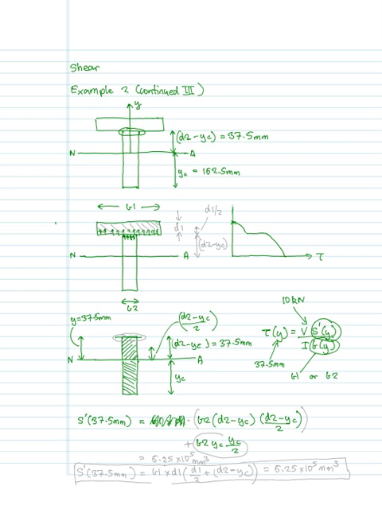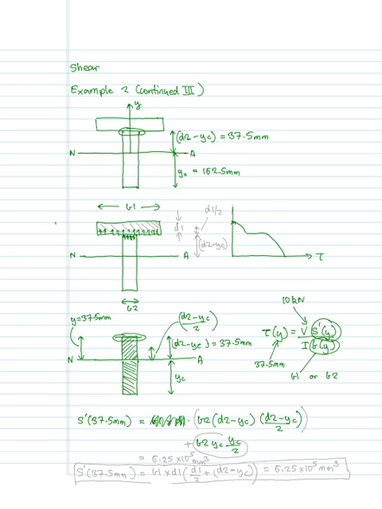So we've got one portion, and then we've got the other portion which is below the neutral axis, and that distance there is going to be yc. So we've got b2 multiplied by yc multiplied by yc over 2.